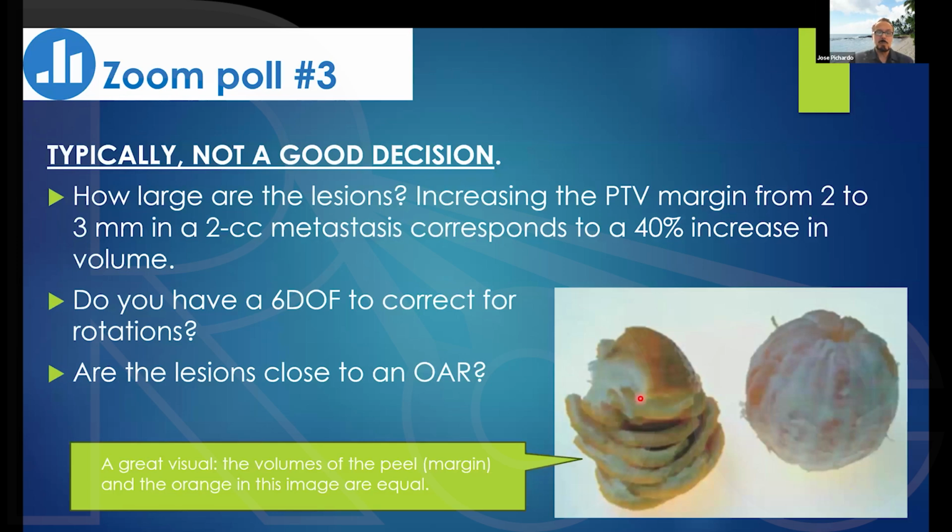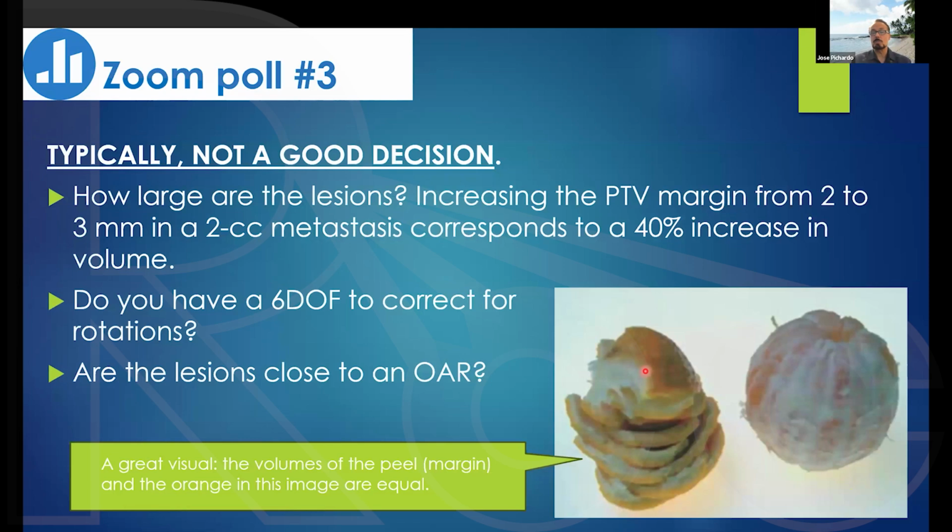So when you think about margins, think about that, because you're treating that much normal brain when you don't really have to. You want to treat this, but you're treating this plus all of that. So just a small increase in margin can result in a very large increase in normal brain that you're treating to therapeutic doses. So always take all of those factors into consideration.